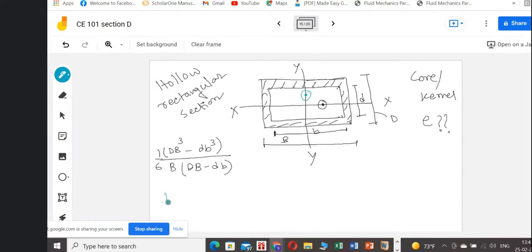One by six, capital DB cube minus small db cube upon d, then d into bd minus small bd. The bd is the same. Good, very good.